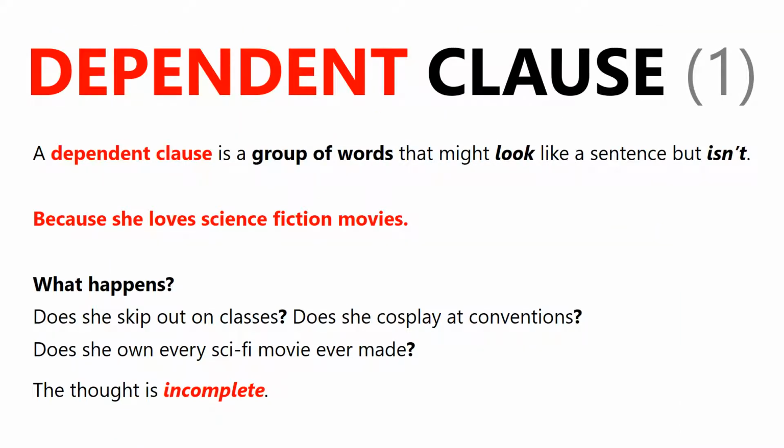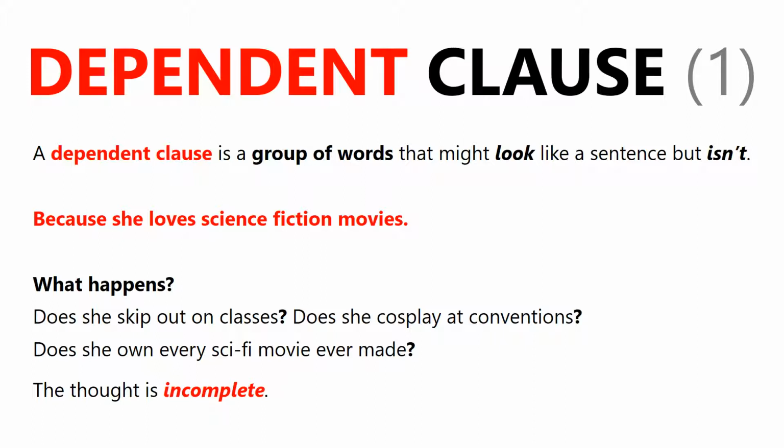That alone could be a sentence. Now, not all clauses are independent. Not all clauses can function as a complete sentence on their own. Some clauses are dependent. A dependent clause is a group of words that might look like a sentence, but isn't. Here's an example. Because she loves science fiction movies.